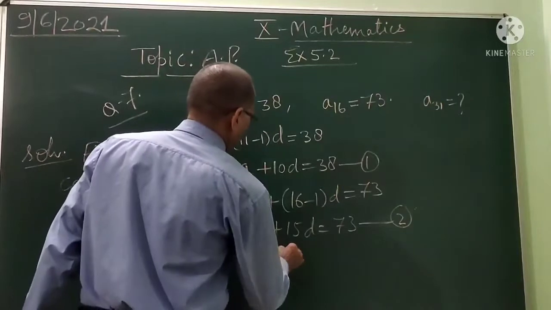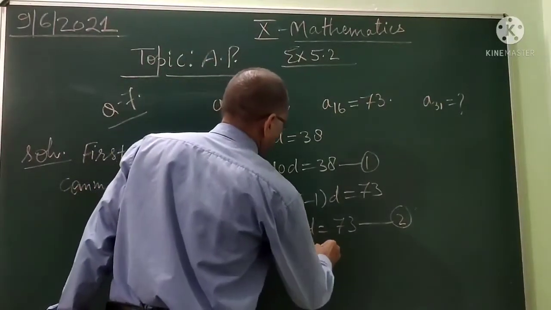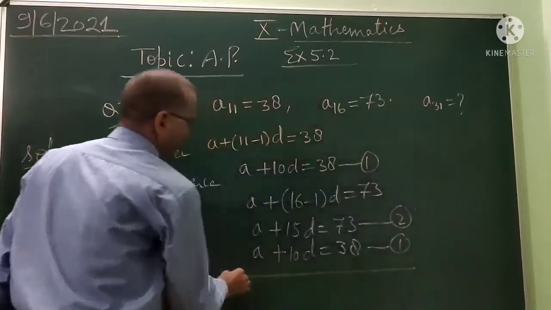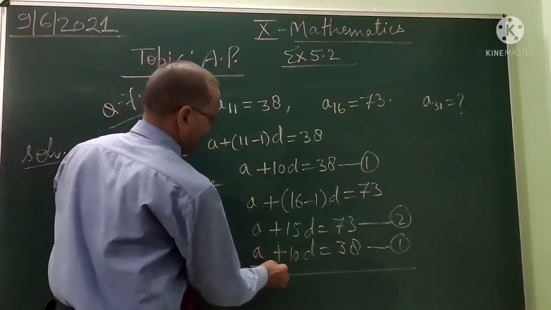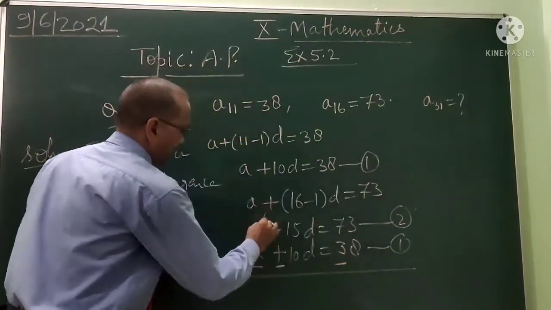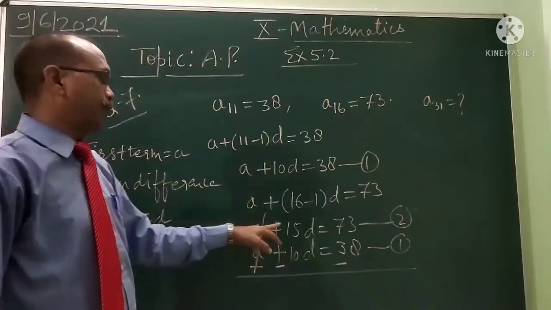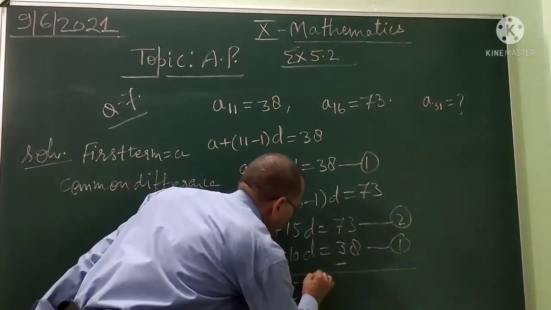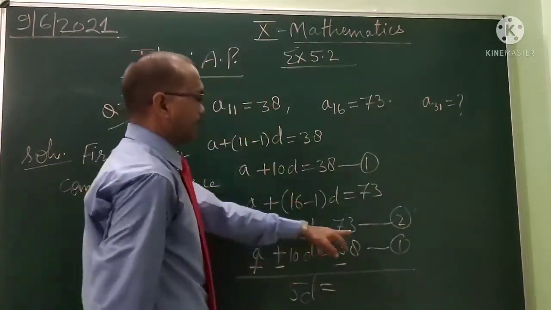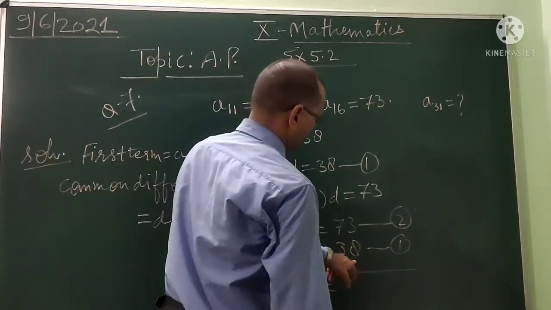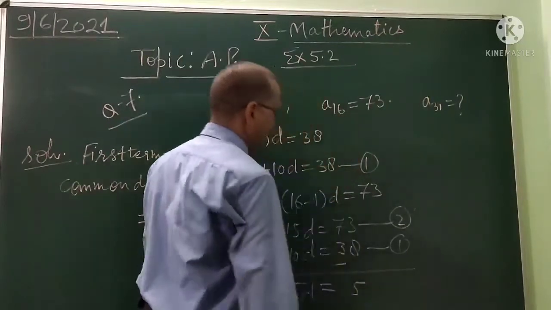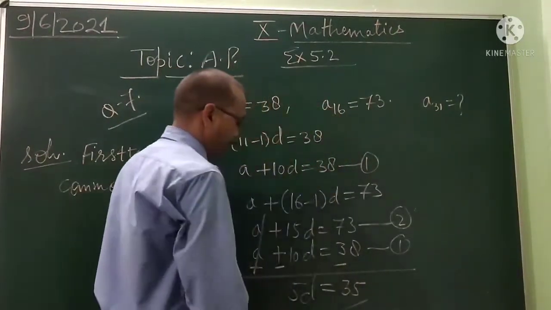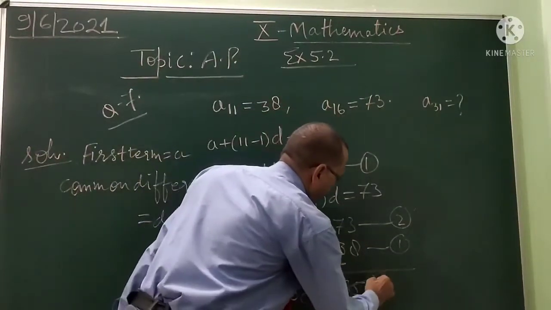So a plus 10d equals 38 is equation 1. Now subtracting these two, minus, minus, minus. Here a cancels out. 15d minus 10d becomes 5d. And this side, 73 minus 38 is 35. 5 times 7 is 35.